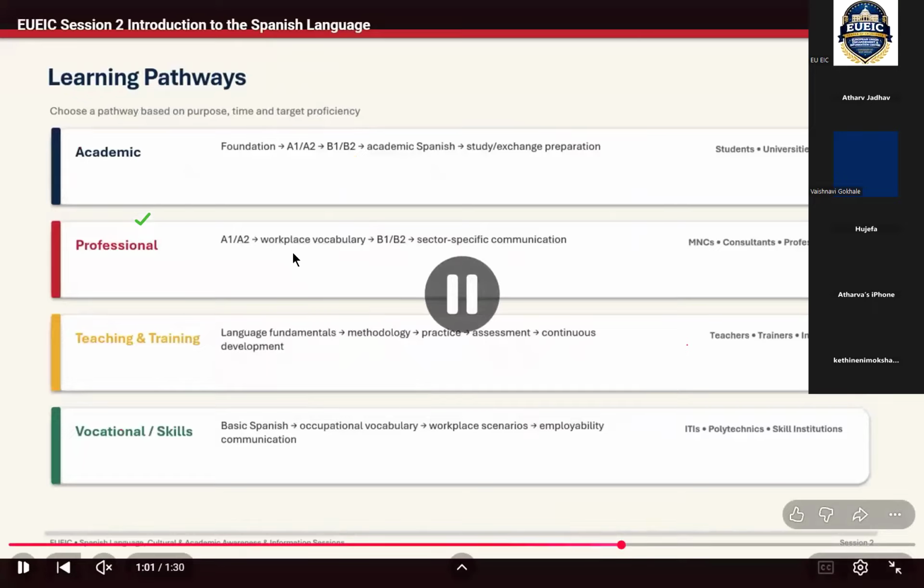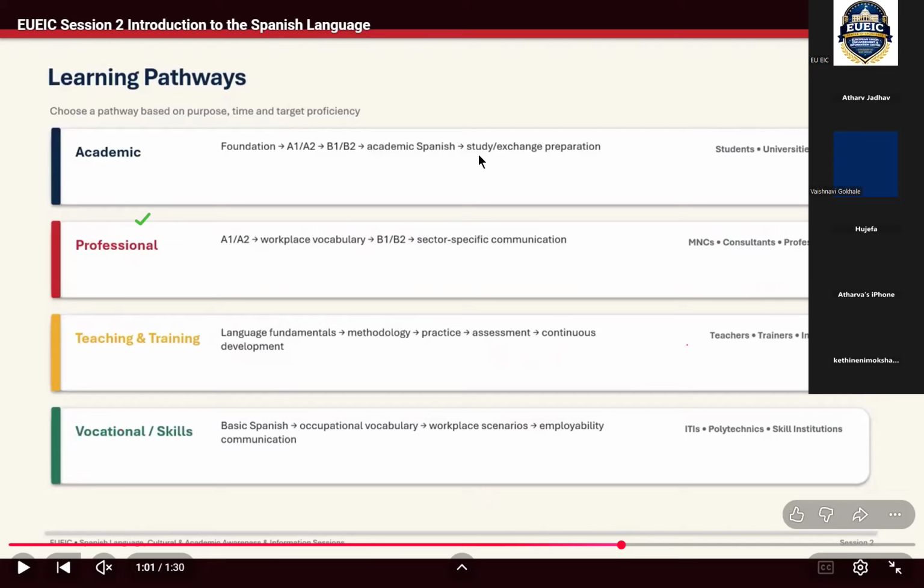Yeah. Next, you have learning pathways. So learning pathways are basically academic, professional, teaching and training, and vocational skills. Okay. So in academic, you have foundation, like I said, which was A1, A2. Then you move on to B1, B2. Then comes the academic Spanish, right?